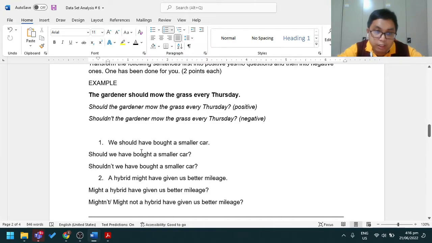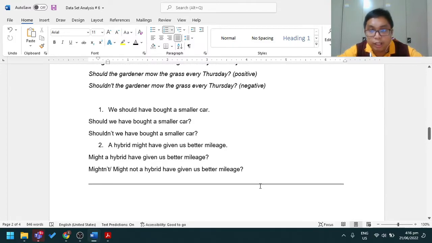You can see the repositioning of the word should being placed now into the beginning of the sentence, since it is a rule that the modals go first in transforming it into a yes or no question. And then finally, you put the word not or shouldn't after the modal. Shouldn't we have bought a smaller car? That is how you are to transform it into a negative yes or no question.